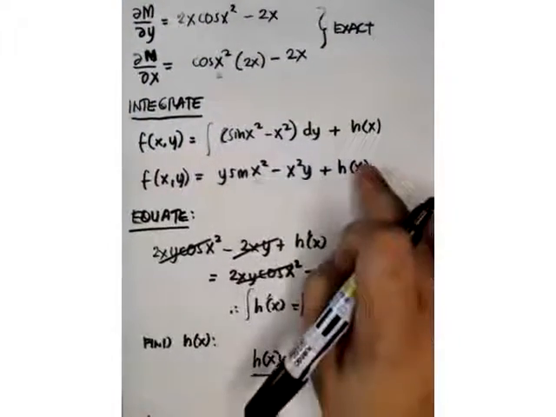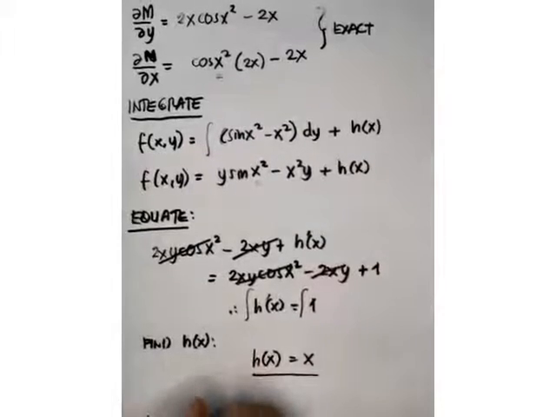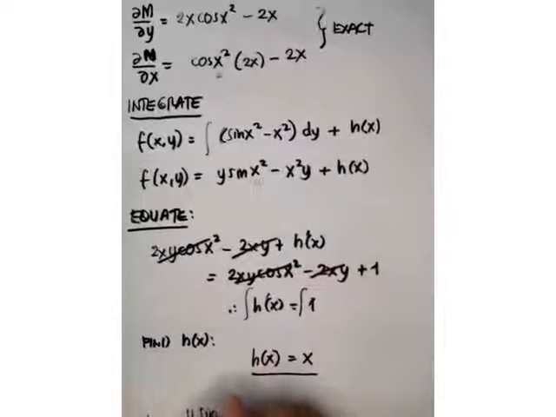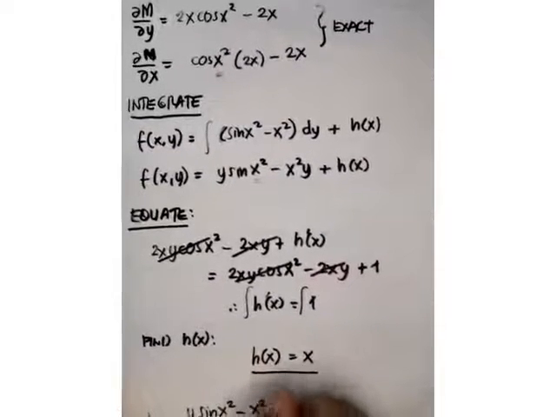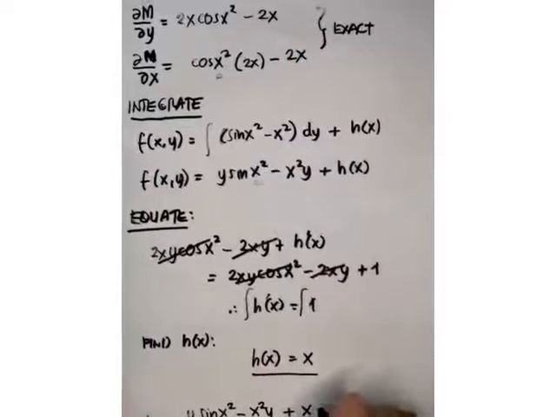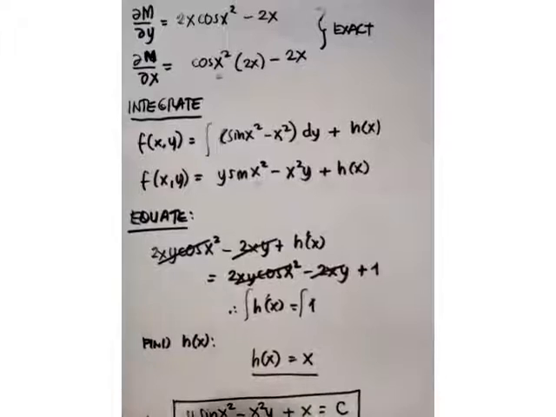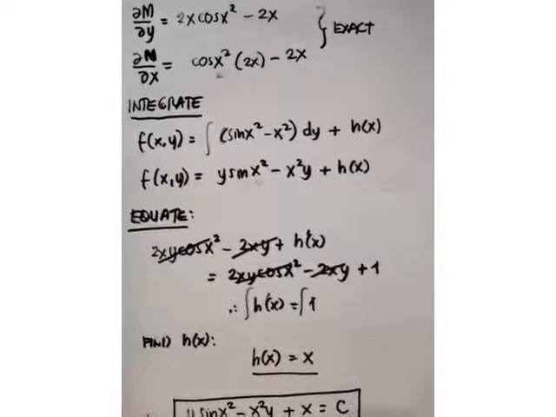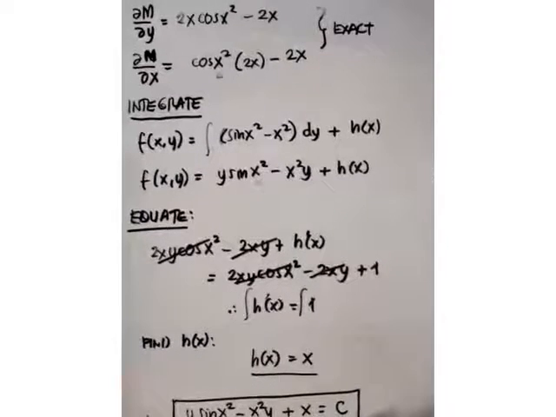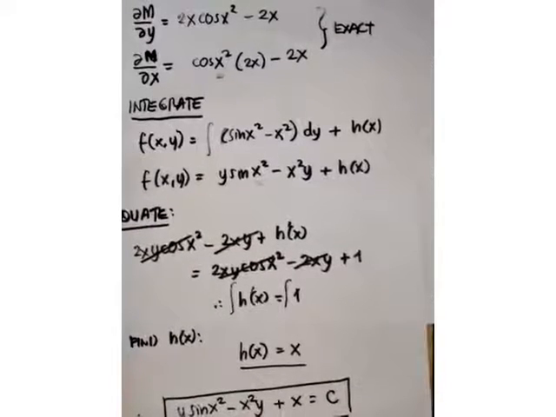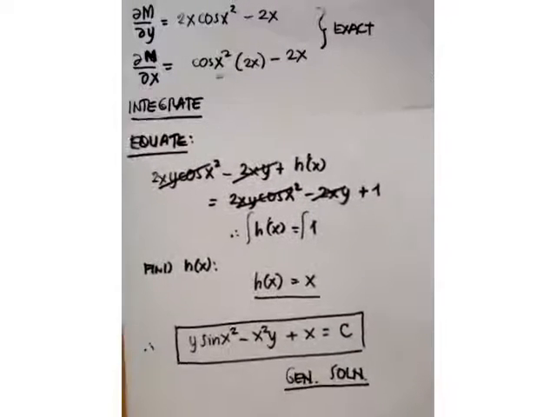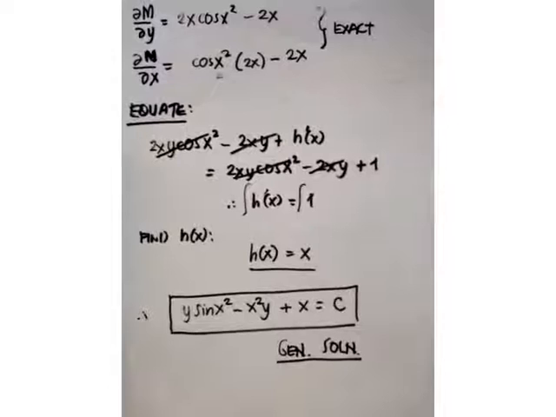So therefore, the answer is y sine x squared minus x squared y plus x is equal to c. Okay, so this is our general solution.